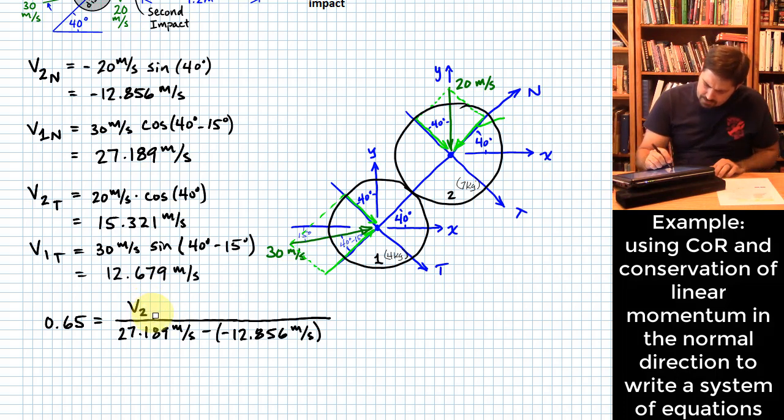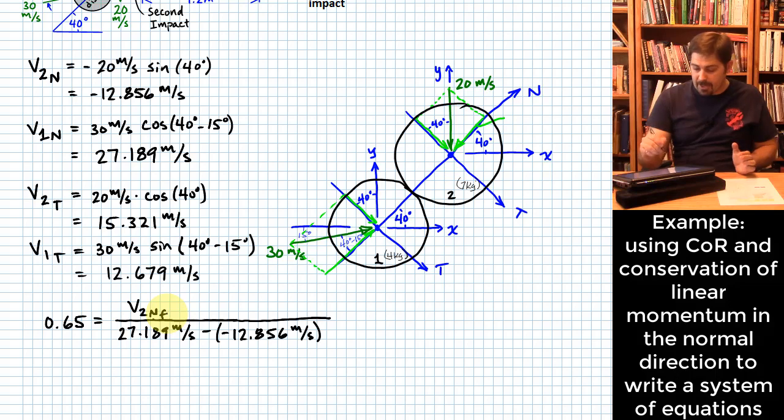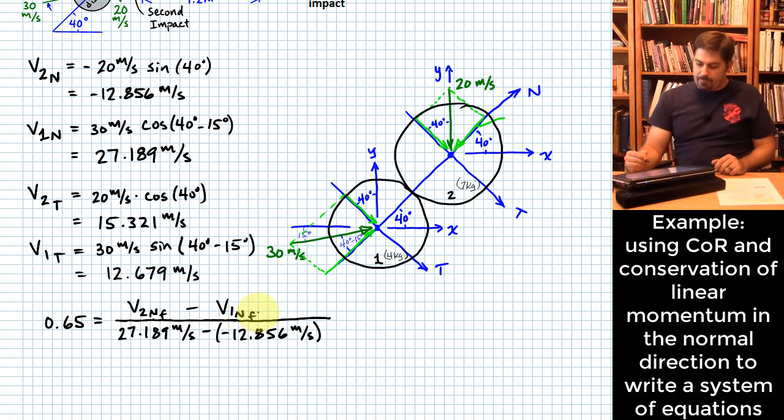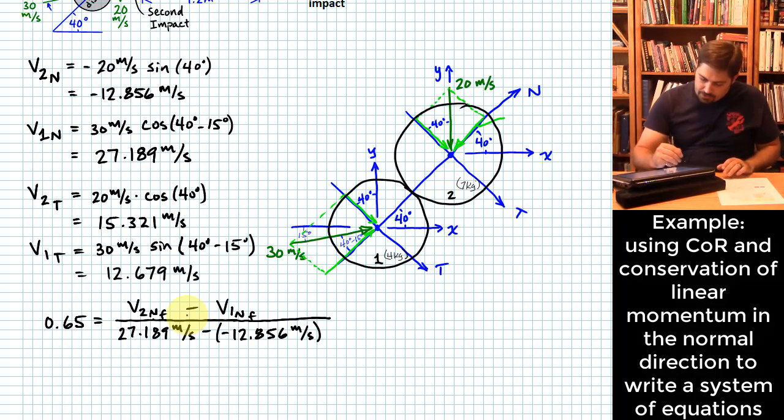And actually, let me do this, V2NF. Now that's a lot of subscripts, but I'm trying to indicate it's disk 2, normal direction, final, minus V1 normal direction, final. One of the nice things is that this looks like a linear equation, right? I can just take all these values and put them on one side. Those are 2 things that I don't know, but that's okay. So this is the coefficient of restitution.